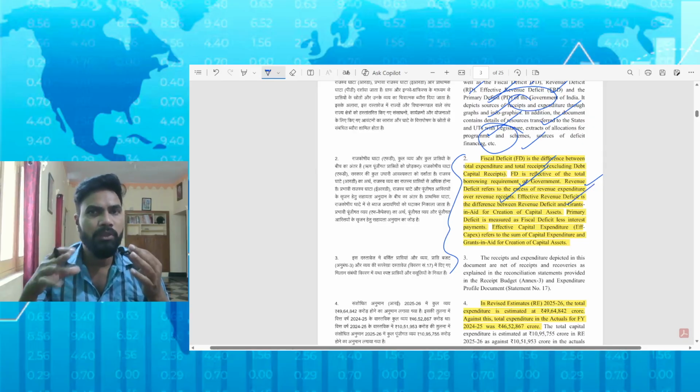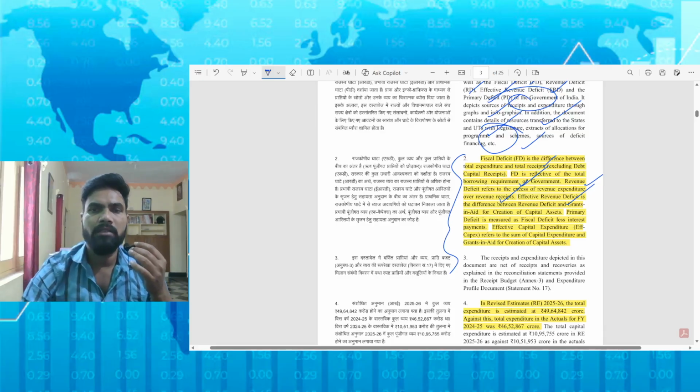The government is giving grants in aid to the state governments, which is also part of revenue deficit. But a portion of the grants in aid given to the state governments is utilized for capital expenditure. When you subtract that, it becomes the effective revenue deficit.